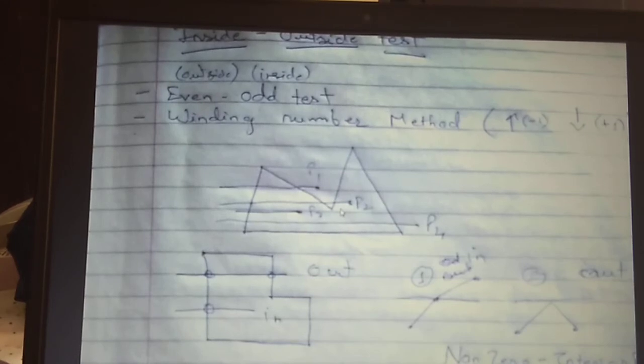Now in this case, point A, here we have p1, p2, p3, p4. Suppose we say point p2 is the one which we want to check whether it is inside the polygon or not.